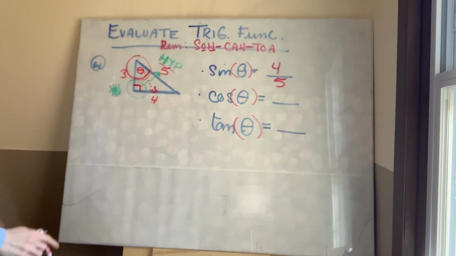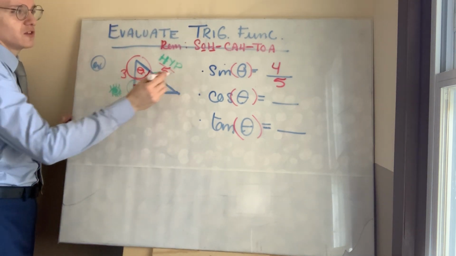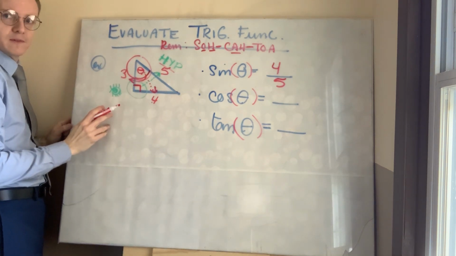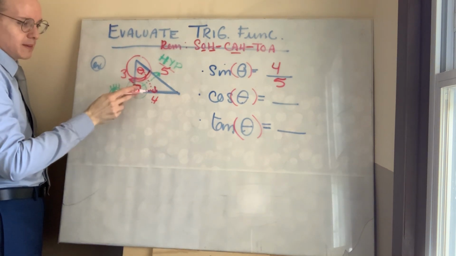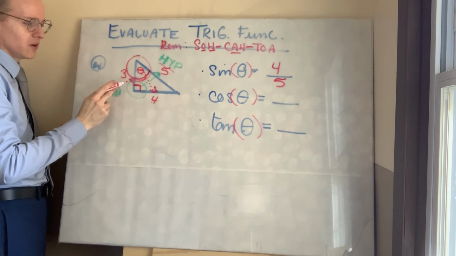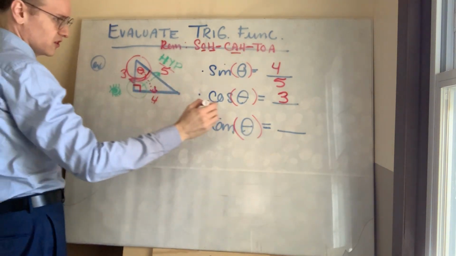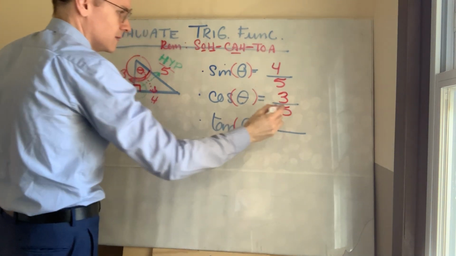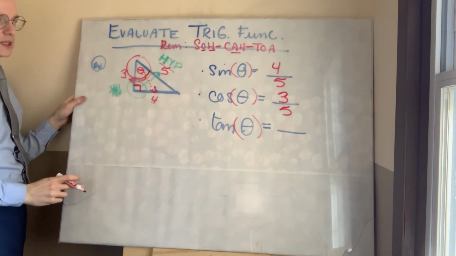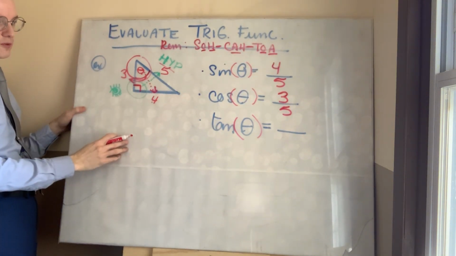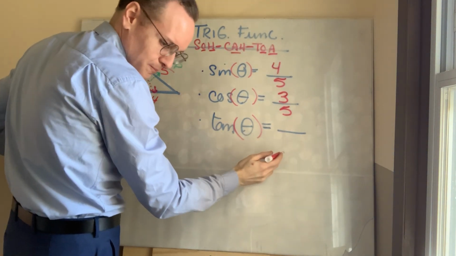Cosine of the same angle is adjacent to the angle, which would be this number here, immediately next to it rather than opposite of it. So it would be 3 over the same hypotenuse, which we've already established is 5, 3/5. And tangent would be opposite over adjacent. So it would be 4 over 3.